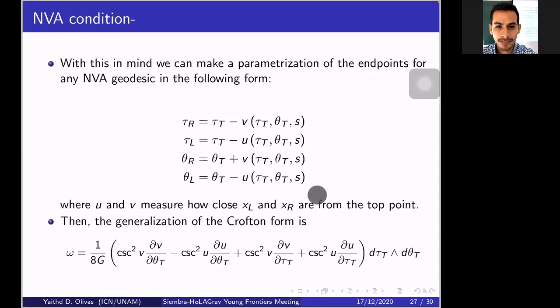And once we use this transformation, we end up with a Crofton form that gives you a specific region of integration. You have to integrate over the set of null planes that intersect your given curve, and the expression is given by this.